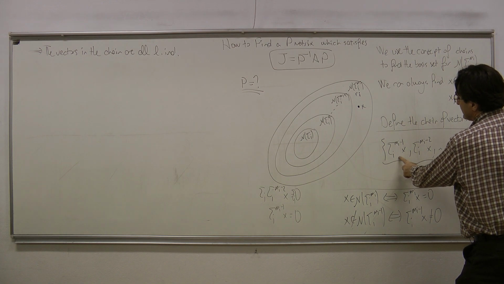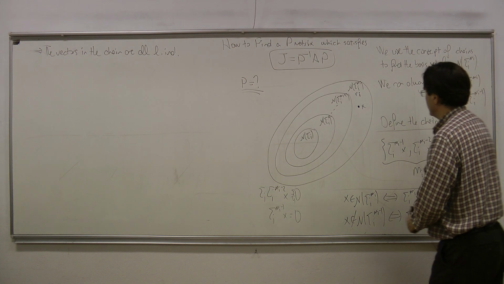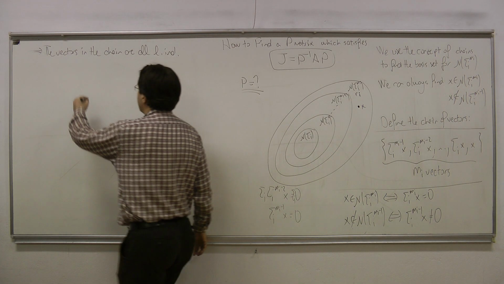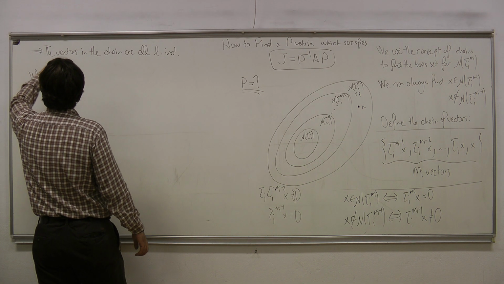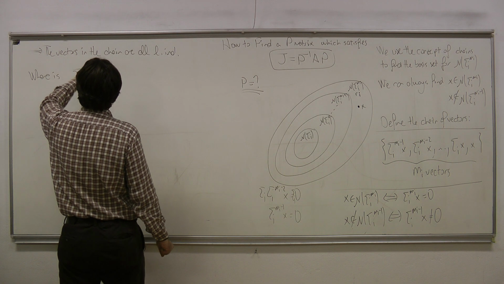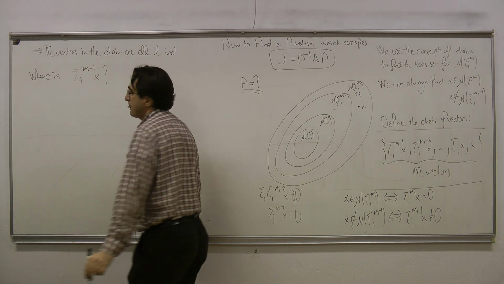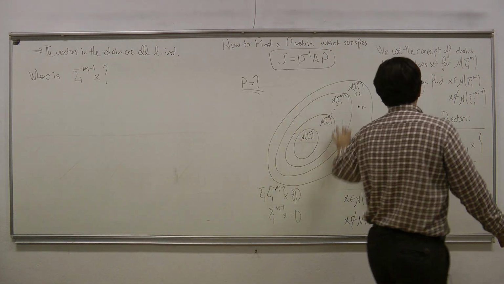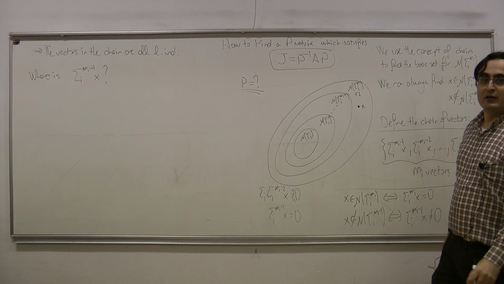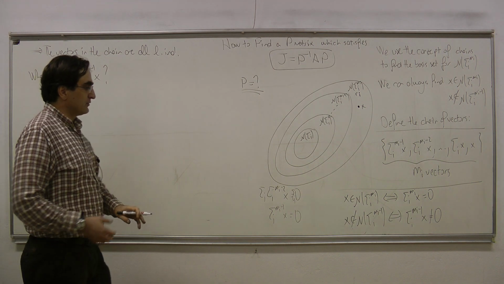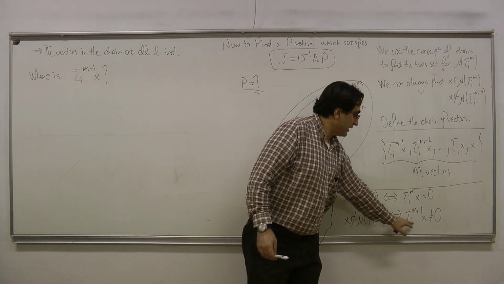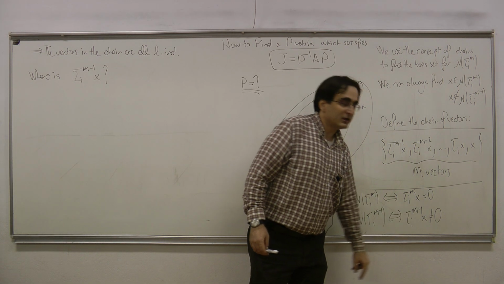So let me look at this first vector, sigma I to the mi minus 1 times x. Where in this structure is this first vector? Let me try to find it. This vector is non-zero because sigma I to the mi minus 1 times x should be non-zero.